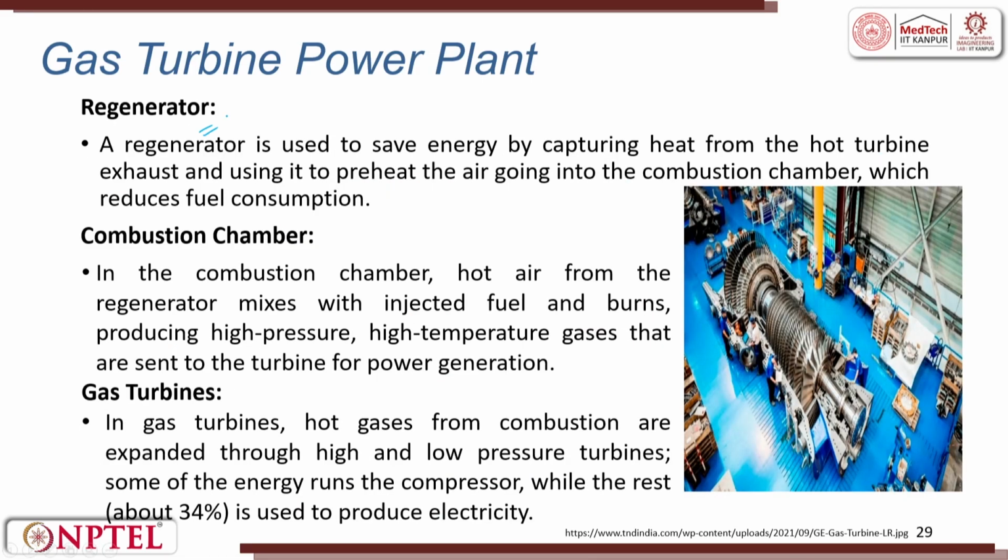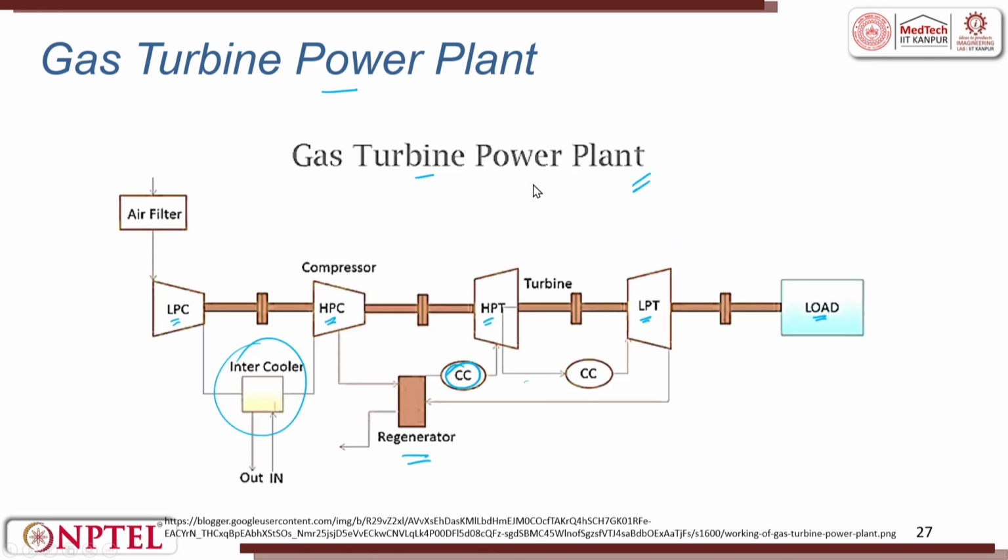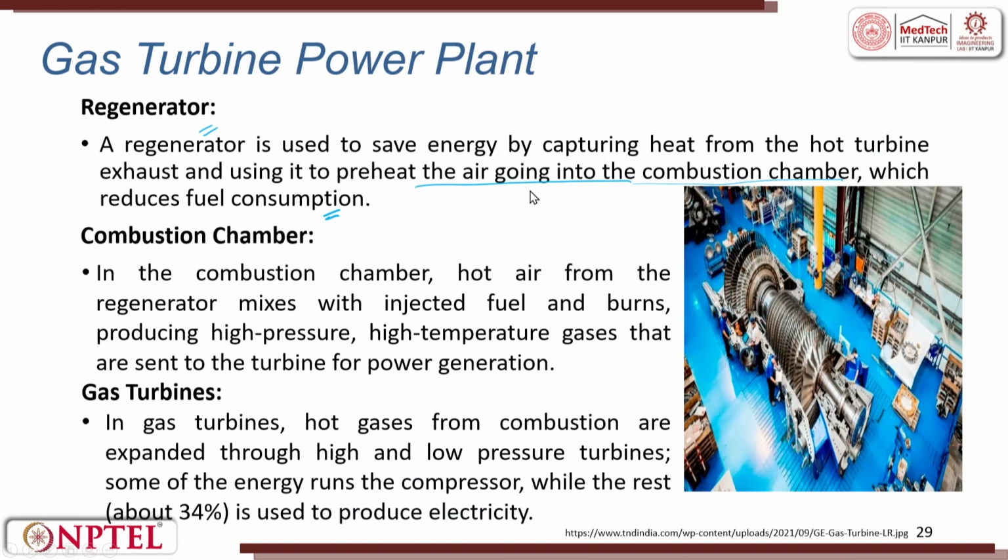The regenerator is used to save energy by capturing heat from the hot turbine exhaust and using it to preheat the air going into the combustion chamber, which reduces the fuel consumption. So, you see here combustion chamber, CC is nothing but combustion chamber.